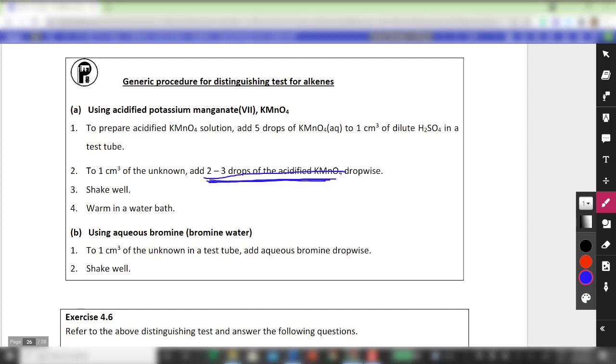You shouldn't add too much. The reason is, if you add too much, then the KMnO4 becomes the excess reagent, so the solution will not change color. It will remain purple. So this is often a mistake which students make during practical exams. When you're supposed to add 1 or 2 drops, make sure you add 1 or 2 drops, not too many drops.